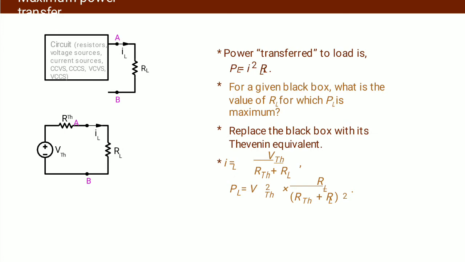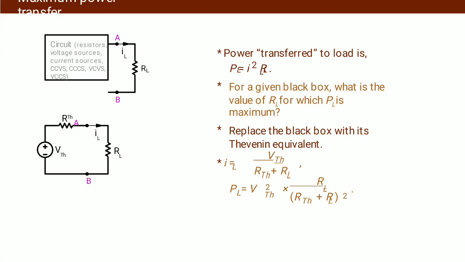So now here PL we can write as VTH square into RL by RTH plus RL whole square.